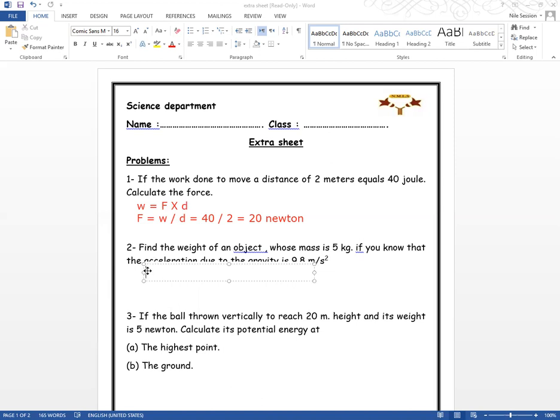So the weight equals mass 5 times gravity 9.8, so it equals 49. Weight is measured in Newton.